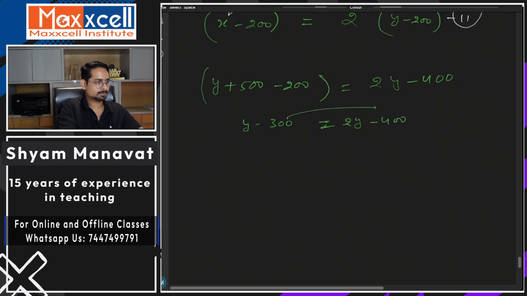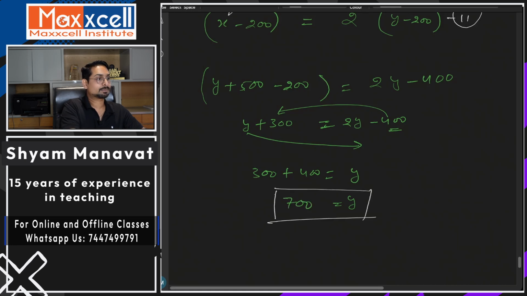Shift the smaller value always, so Y this side and 400 this side. I get 2Y minus Y is equal to Y, and this is 300 plus 400. First of all, plus 500 minus 200 should be plus 300. So Y equals 700.